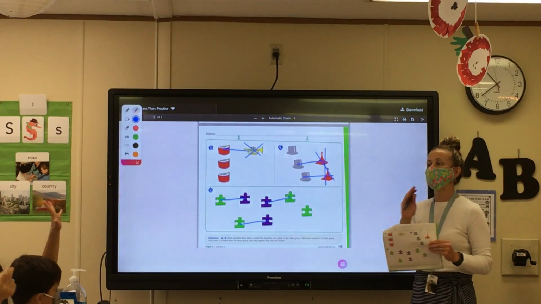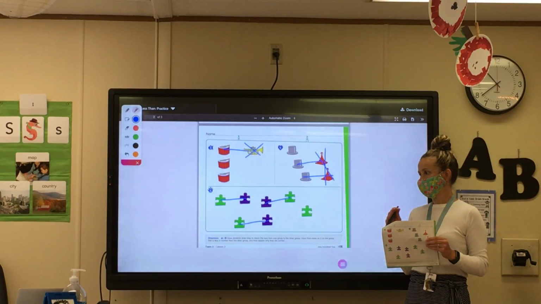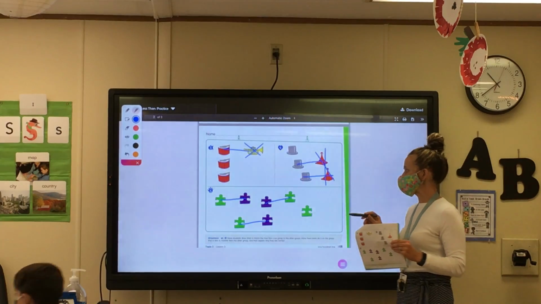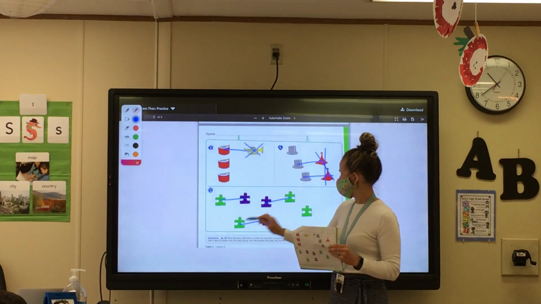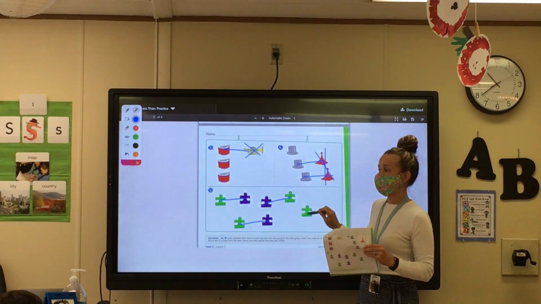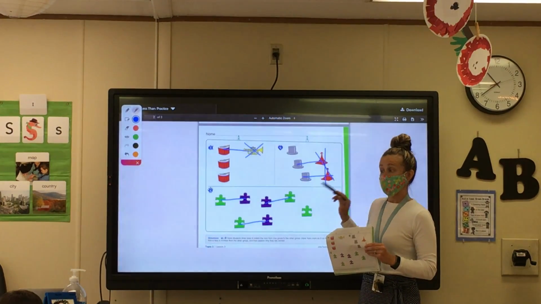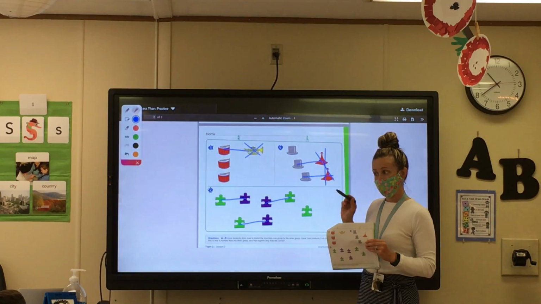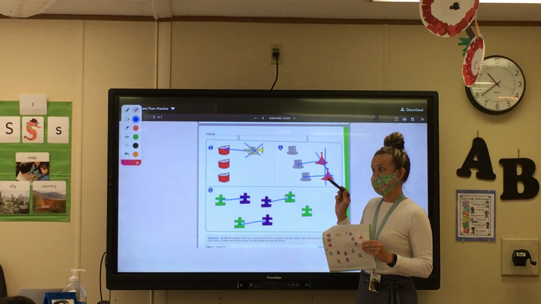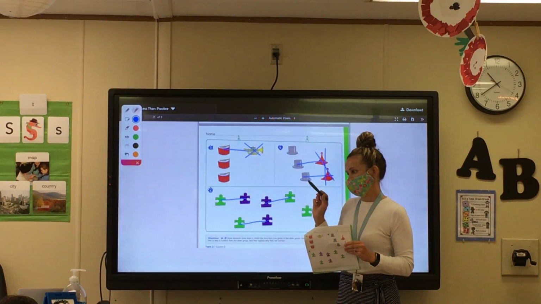Which group has less, Victoria? Green has less? Okay, 1, 2, 3, I have 4. I have 1 extra green piece. So that means I have more green, right? So which one is less?